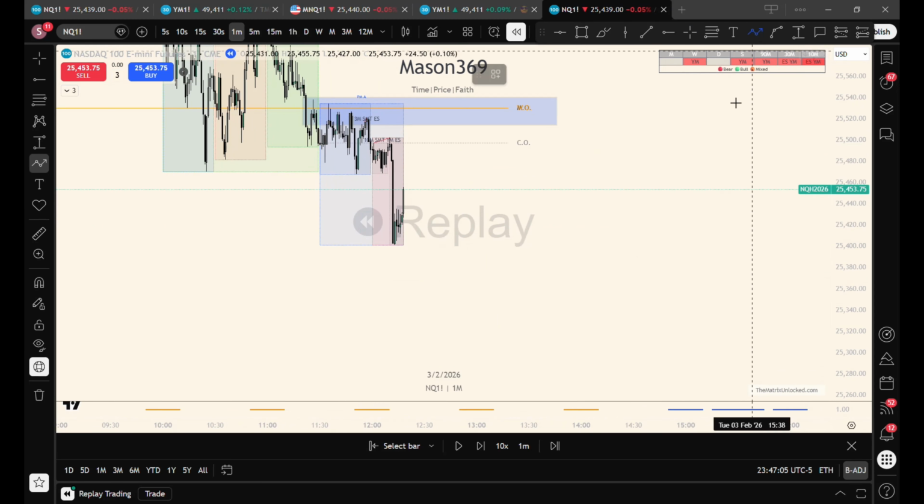And now you may be thinking, well, if we're always practicing taking partials at an original consolidation, then wouldn't this be an original consolidation right here to take partials off of? Yes, but it is not as practical whenever you're trading a retracement entry like this, right? So what we want to see during continuation is taking partials at logical levels, but we want to be aiming for our final draw on liquidity.